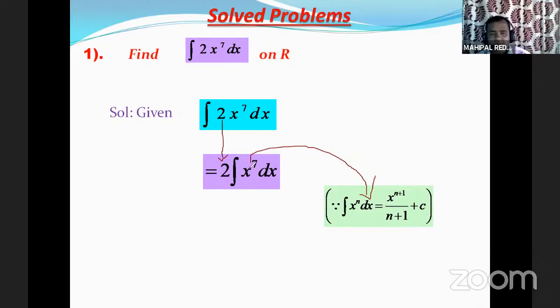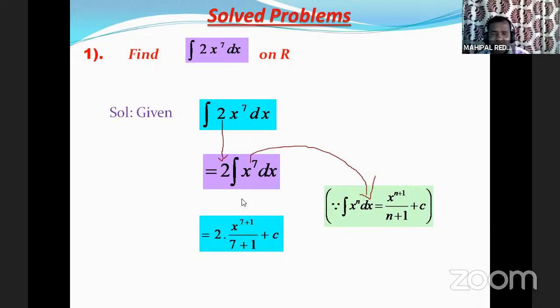Comparing these two, the n value is 7. So the 2 stays the same. Now the integration of x power 7 is x power 7 plus 1 by 7 plus 1 plus c. Instead of n, I am substituting 7.